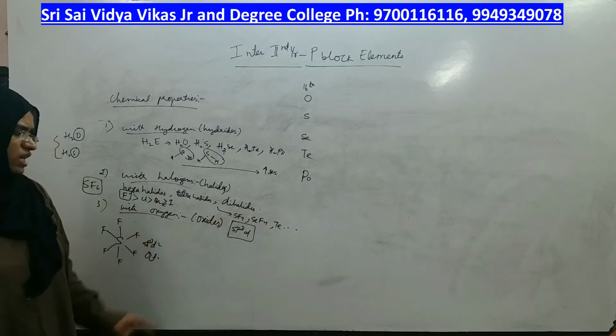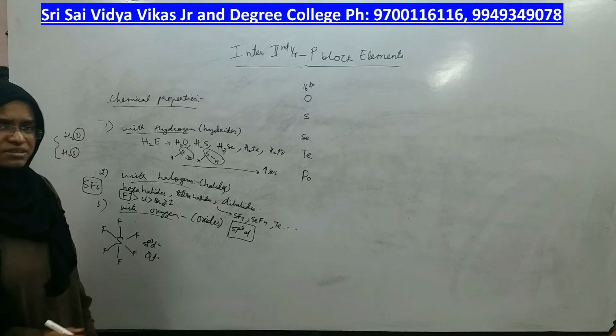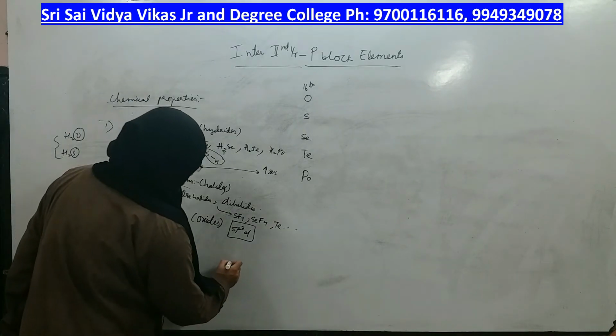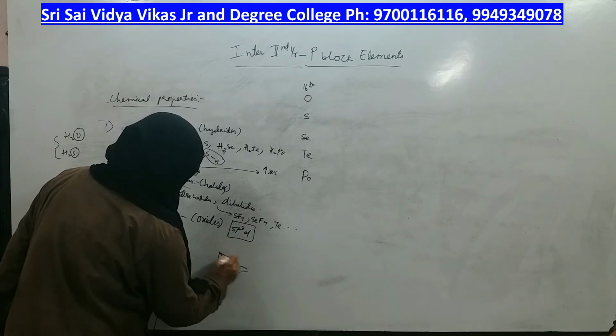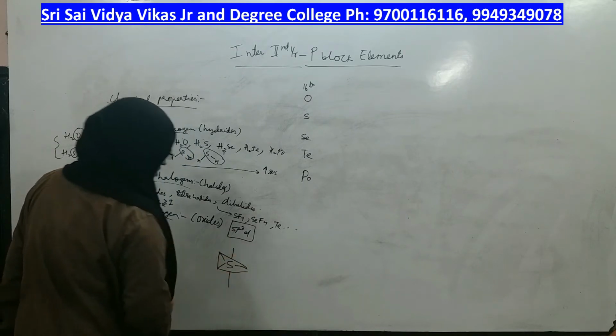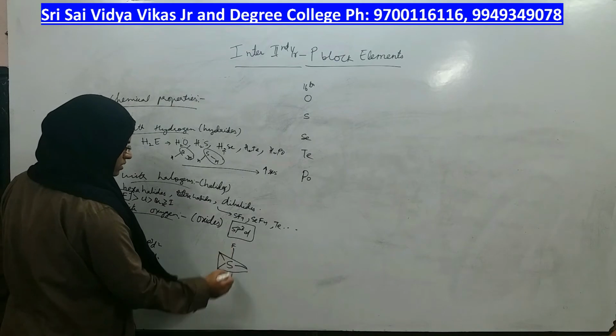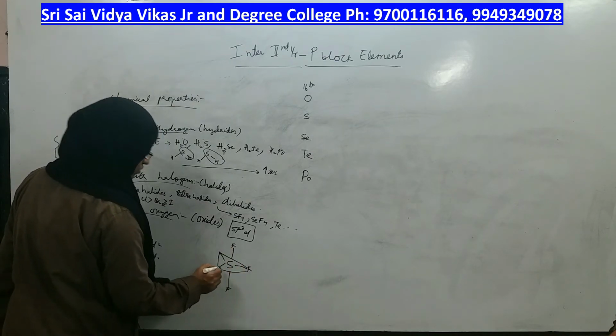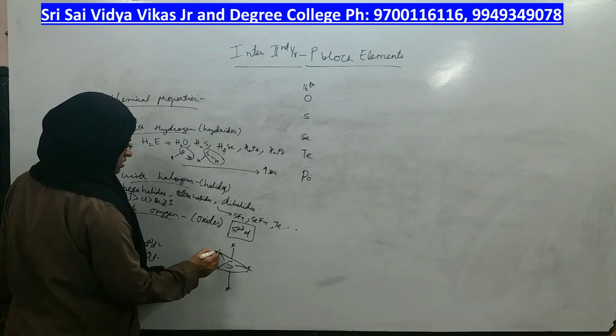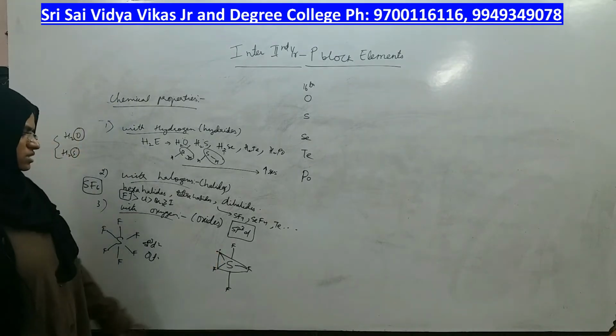SF4 molecule has which type of hybridization? sp3d. What will be the shape? Trigonal bipyramidal is the shape. This is trigonal, 1, 2, 3, 4. What is the other? A lone pair of electrons.